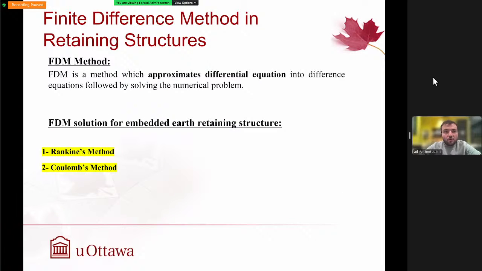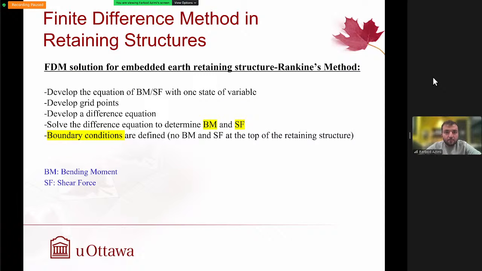Moving forward to the finite difference method, it's another numerical method that provides us with approximate solutions to our differential equations. As previously mentioned, we can use the Rankine method and Coulomb method in this method as well.